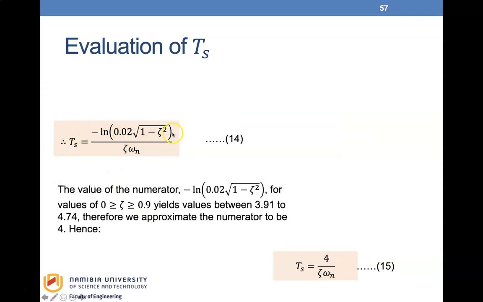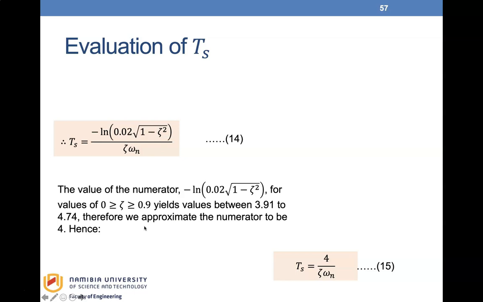minus log 0.02 times square root of 1 minus zeta squared, for values of zeta greater than or equal to 0 and less than or equal to 0.9, yields values between 3.91 and 4.74.